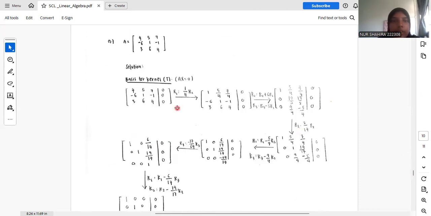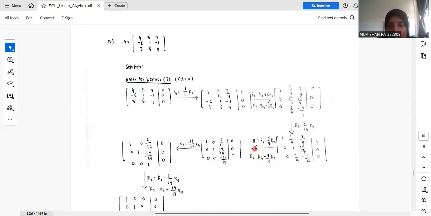So we start off by reducing row 1 by multiplying 1 over 4 to row 1, and then row 2 equals row 2 plus 6 times row 1, and then row 3 equals row 3 minus 3 times row 1. And then we multiply 2 over 17 for row 2, and we obtain this.